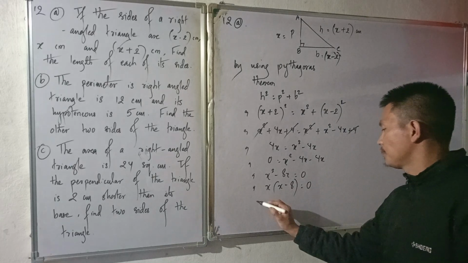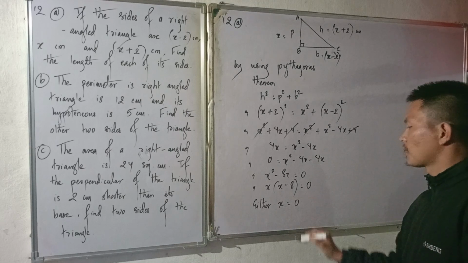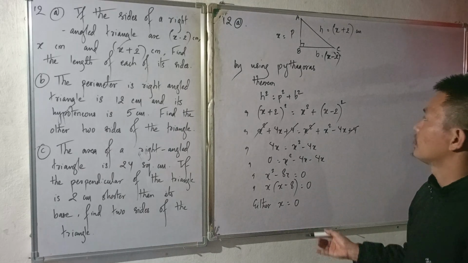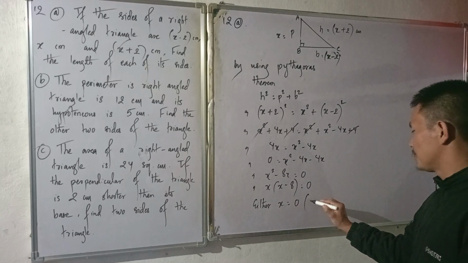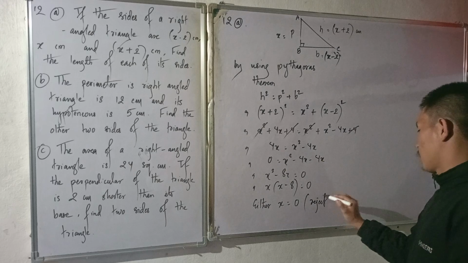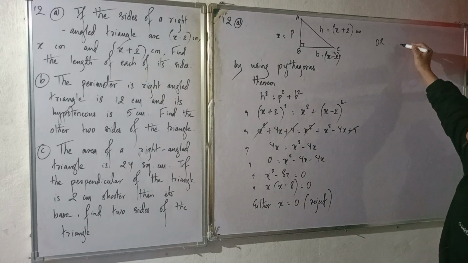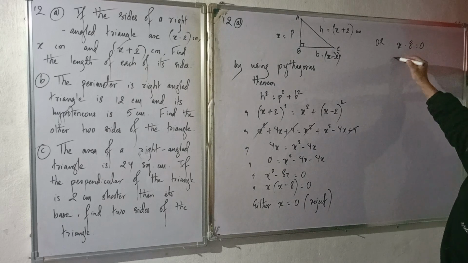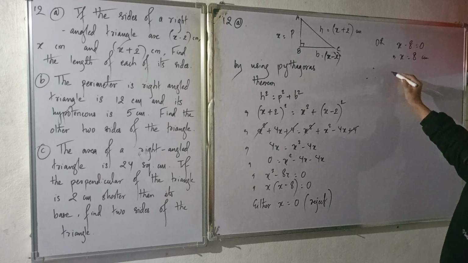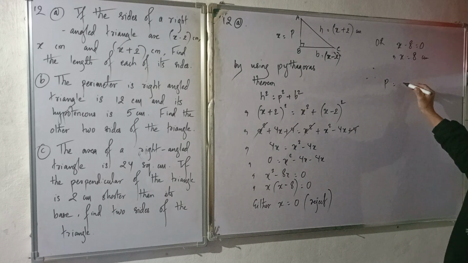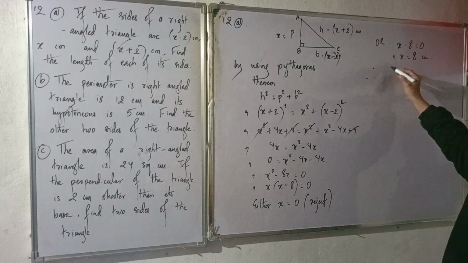Now you can do either x equals 0, so if x equals 0, you reject this, or x minus 8 equals 0, that is x equals 8 centimeter.